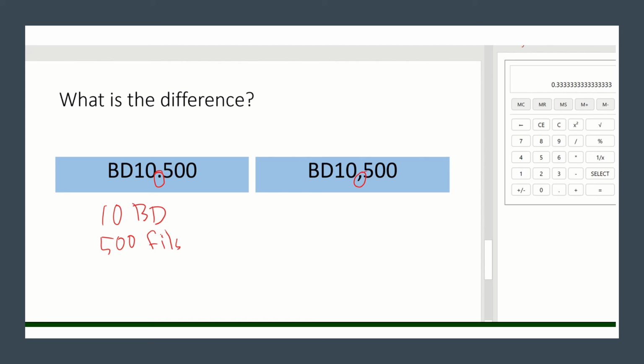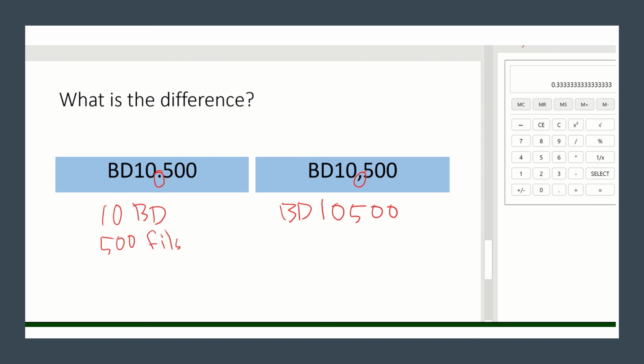But if we go to this number, this comma is used only for reading. There is no effect on the number. The actual number is 10,500 BD. There are no points here.